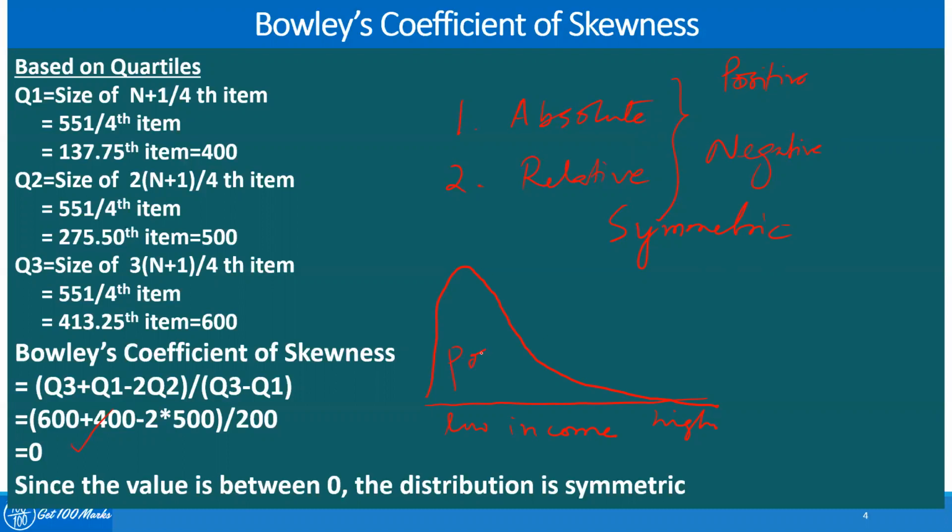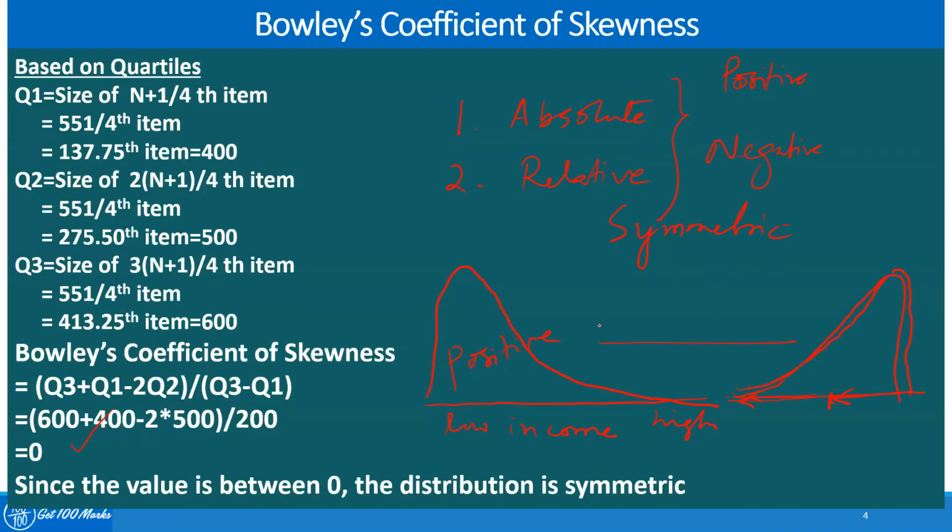That's called positive skewness. Whereas in a country which is very rich, where most people are earning very high, there are a few people who are earning very low. There will be very few of them, and they will pull the entire mean to this side. That type of distribution is called negative skewness.